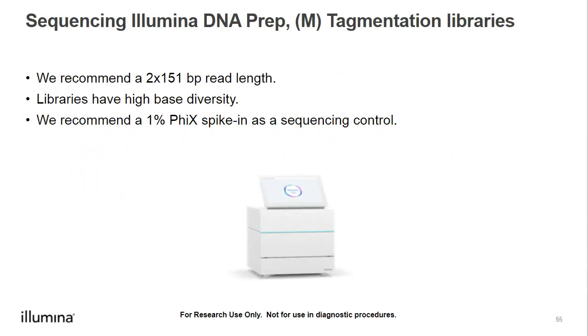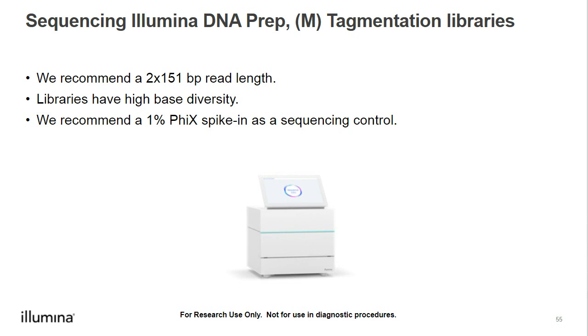So first, let's review sequencing of Illumina DNA prep with tagmentation libraries. For these libraries, we recommend a 2 by 151 base pair read length, so paired insert reads, 151 bases for each. Tagmentation-based libraries have high base diversity, so the inserts in the libraries are widely varied in sequence.